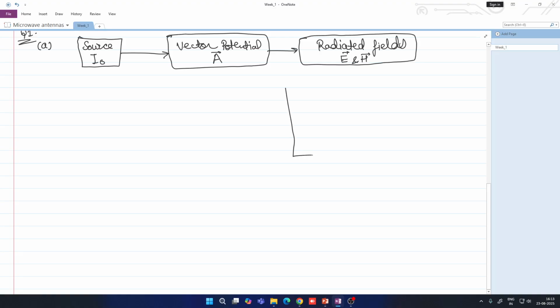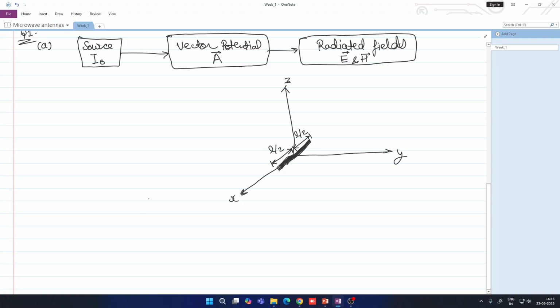So in the problem, it's given that the dipole antenna is oriented along the x-axis. Let's suppose this is our dipole antenna, L by 2 on this side and also L by 2 on this side.